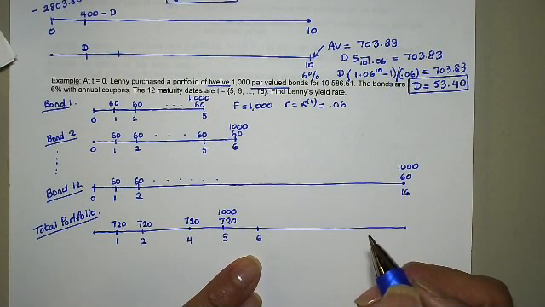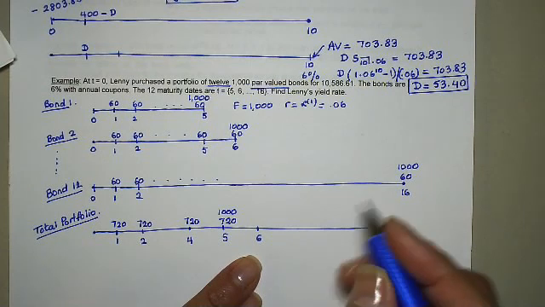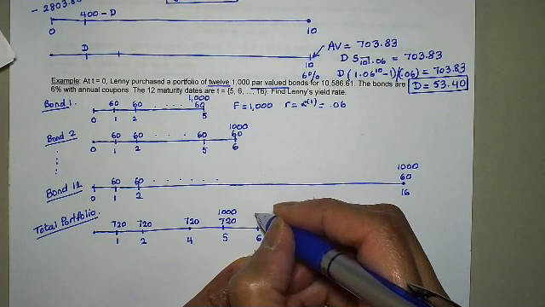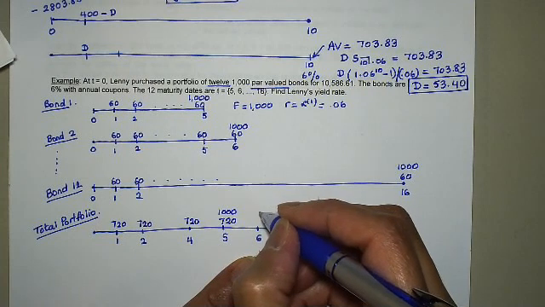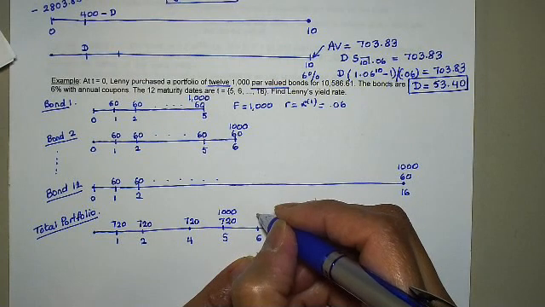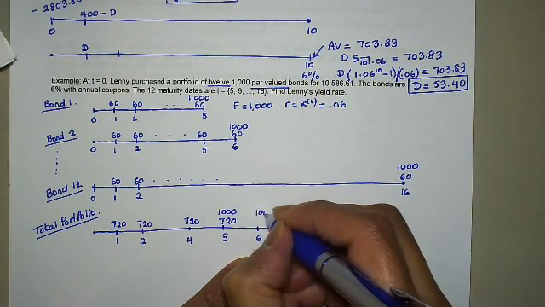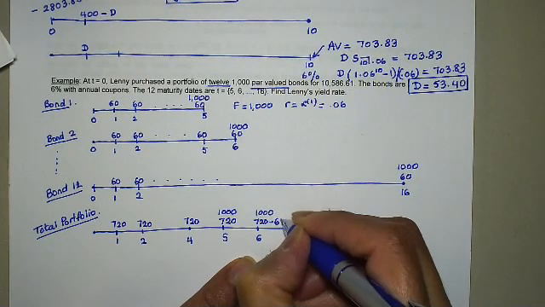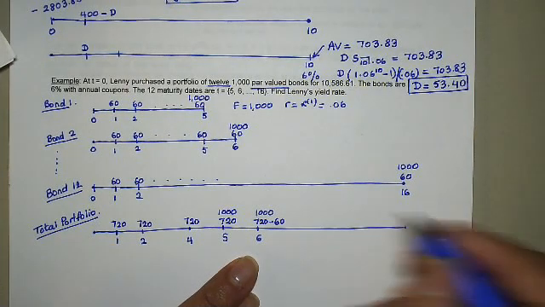Time 6? Careful now. Just look at those timelines. You lose a 60, right? But you have 1,000 still, and you have 720, but you lose a 60.